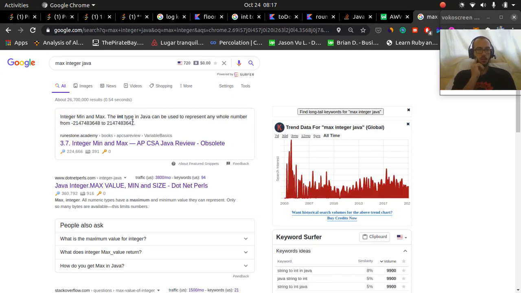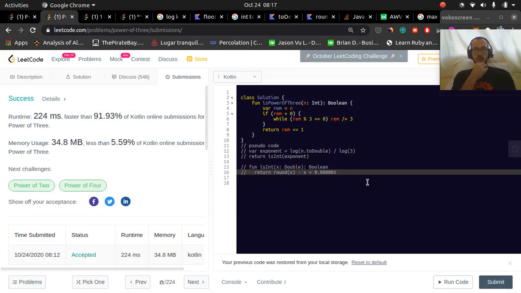So 1, 2, 3, 4, 5, 6, 7, 8, 9, 10. So we're not going to get an 11-digit integer, for example. Okay. So we can do 10 significant digits here.